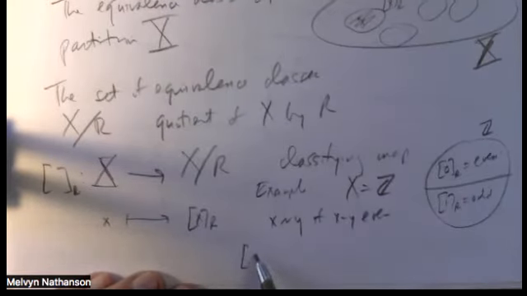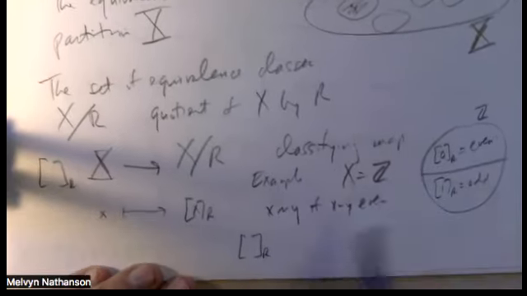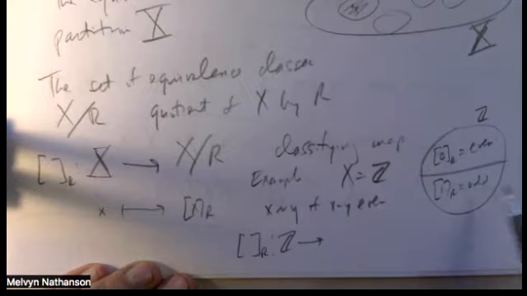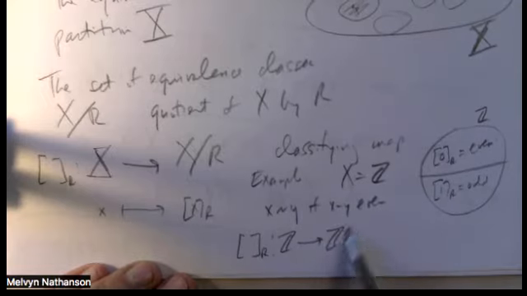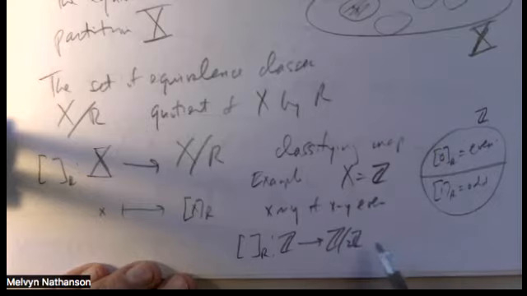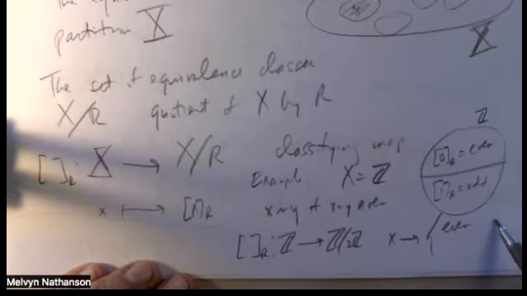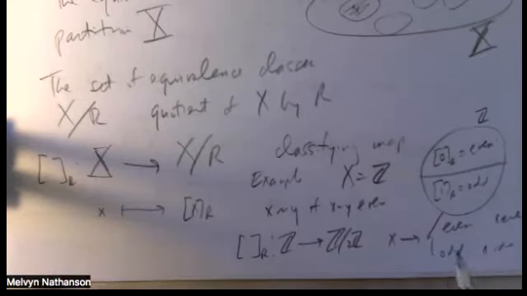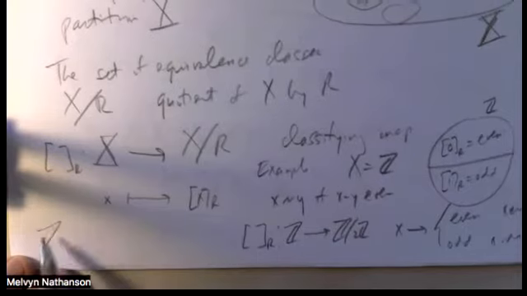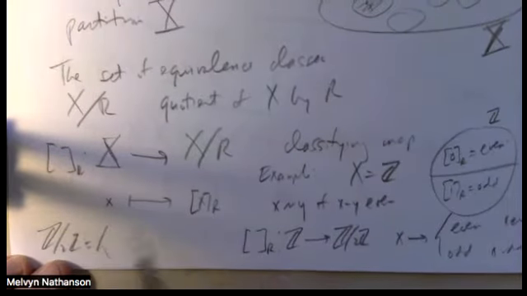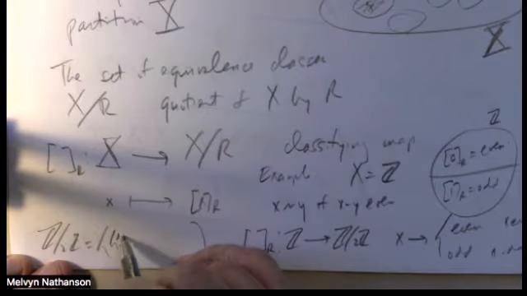And this so-called classifying map from Z, this relation, which you can write as Z mod 2Z, sends x to either the set of even numbers, if x is even, or the set of odd numbers, if x is odd. So this quotient, Z mod 2Z, is a set which contains two elements, the even numbers and the odd numbers.